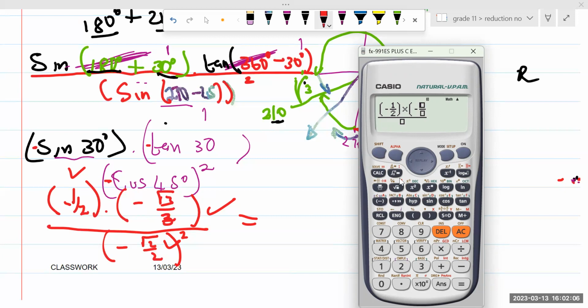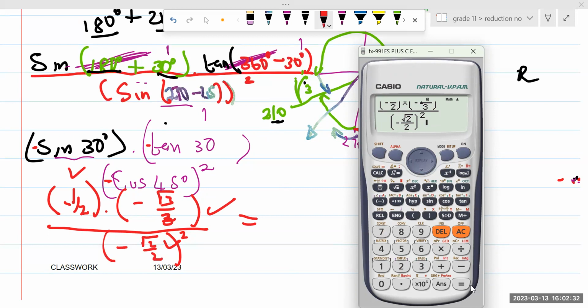Yeah. Okay, so we have √3 all over 3, and then we close the bracket. And then we have √2 all over 2, close bracket, all squared. So don't forget the square again.